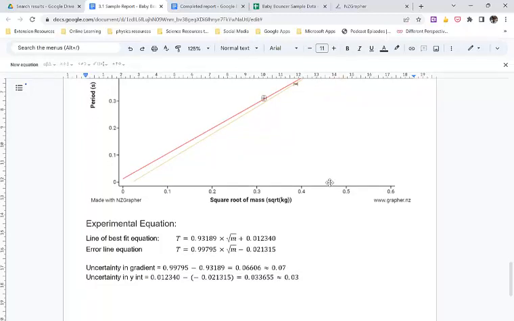Okay, and now we're prepared to write our final equation. So final equation, and I'll insert a new equation here. It's going to be T is equal to, and now we want our line of best fit gradient, which is this one, 0.93189, and then I'm going to go backslash and write PM, which is plus minus, and the uncertainty in the gradient was 0.07.